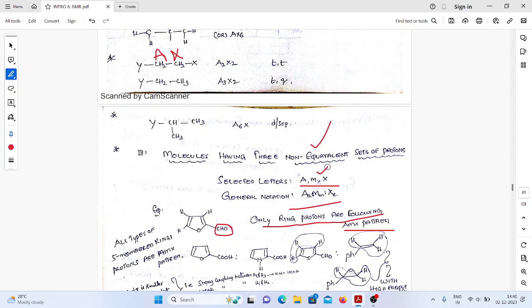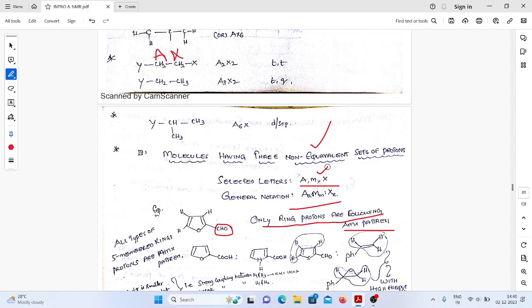The people will ask you, what is the notation for first order spectra? A type, AX type, AMX type. Three types are there. AMX type is very important.